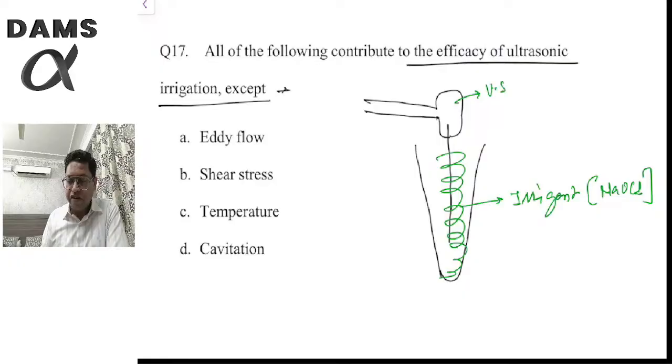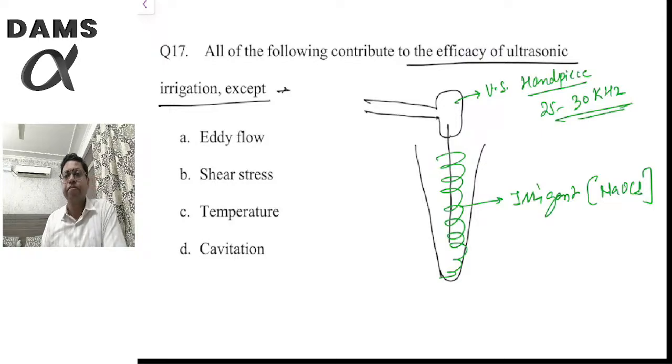This is an ultrasonic handpiece that operates at the frequency of 25 to 30 kilohertz. Now, we all know that whenever ultrasonic instruments vibrate, there is an increase of temperature.